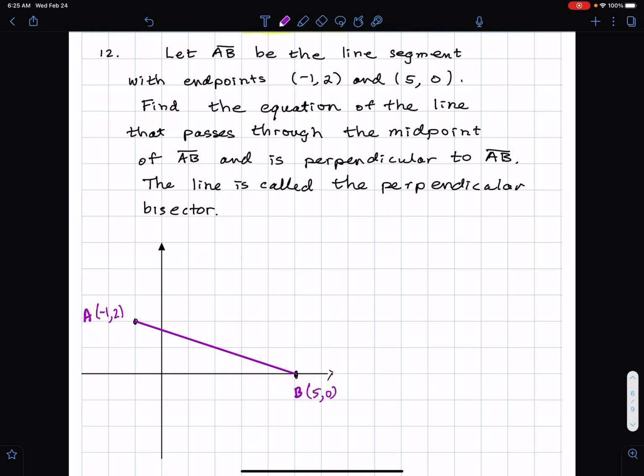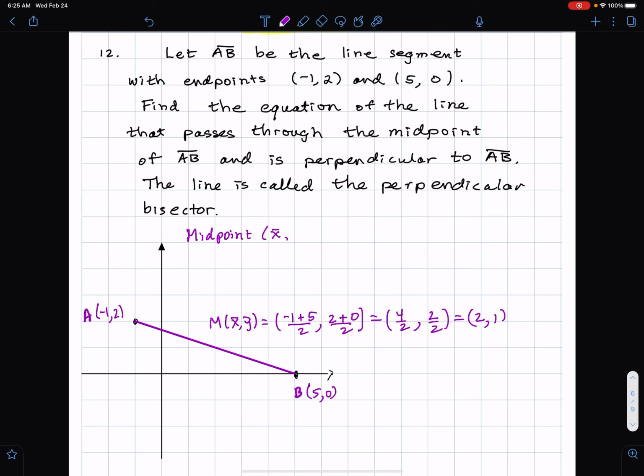The midpoint is X bar, Y bar, and that's equal to the average of the X coordinates, comma, the average of the Y coordinates. Let me write that up here. The midpoint, X bar, Y bar.